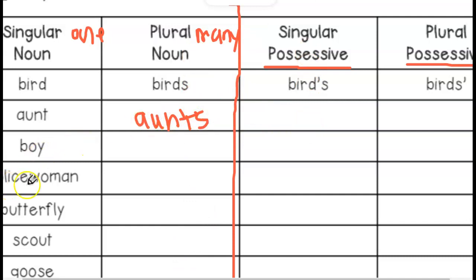What about police woman? That's only one police woman. And if there are many police women, it just changes the spelling slightly. Police women with an E. So that is plural. It's talking about many.